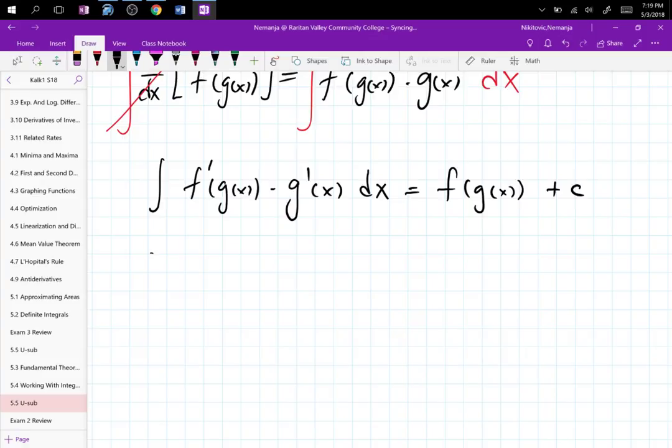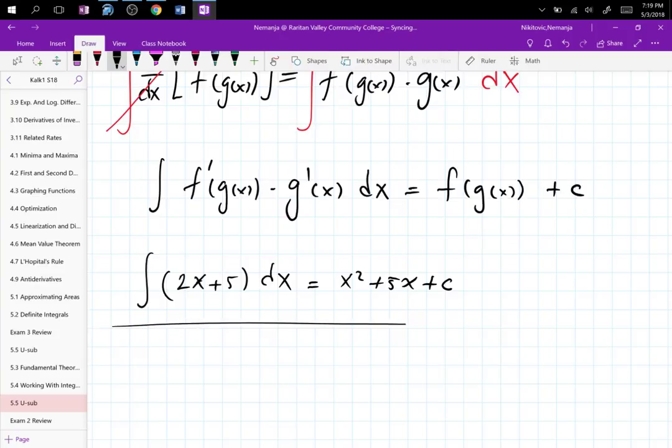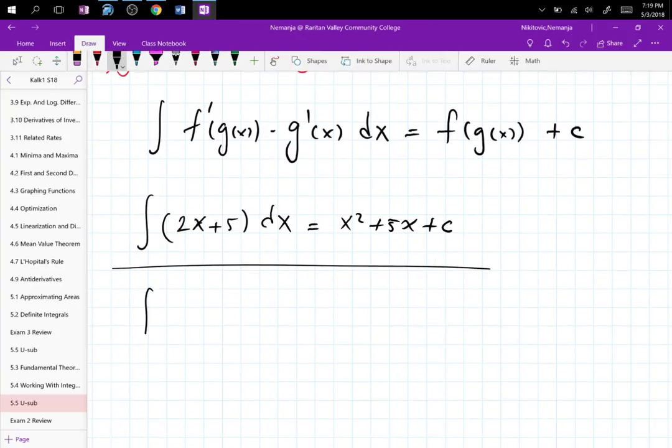So what happens if you have to integrate 2x plus 5 dx? Well, hopefully you will integrate this term by term, and you will get x squared plus 5x plus c. Right? The integral of x is x squared over 2, and then 2 cancel. And the integral of 5 is 5x. Now, as the next problem, we integrate 2x plus 5 squared dx.